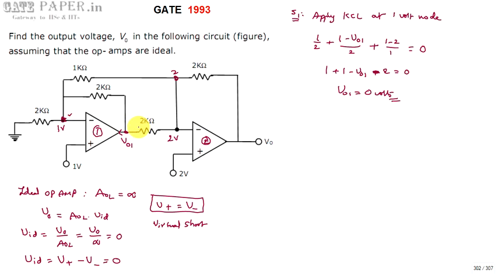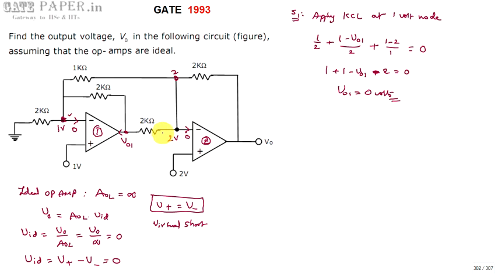So always apply KCL at the inputs of the operational amplifier, since no current flows into the input terminals, but we cannot guarantee that no current goes into the output of the op amp. Always some current flows into the output of the op amp, so you cannot apply KCL at the output of the op amp. Always apply KCL at the input of the op amp.